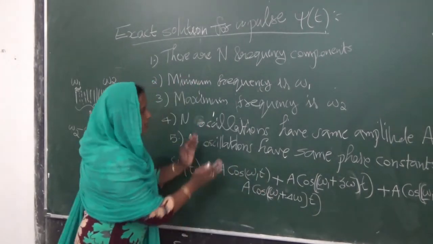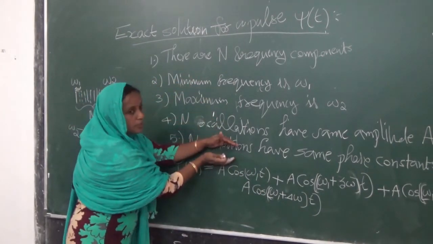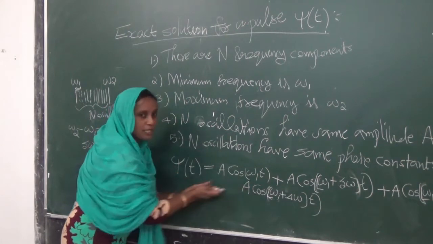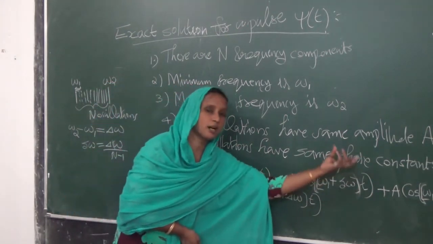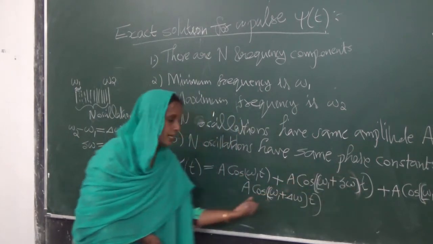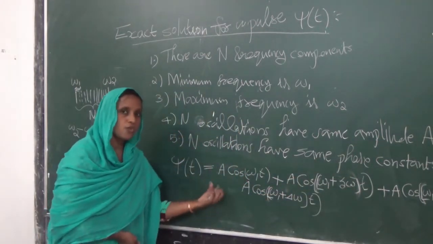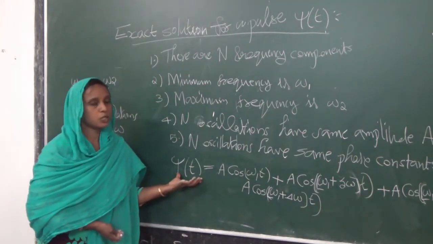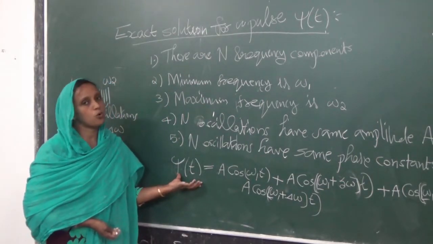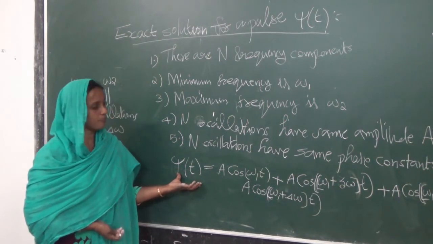So we just wrote all these assumptions in mathematical form. If we superimpose all these frequency components together, we get the amplitude of the wave packet or superimposed wave or our pulse.